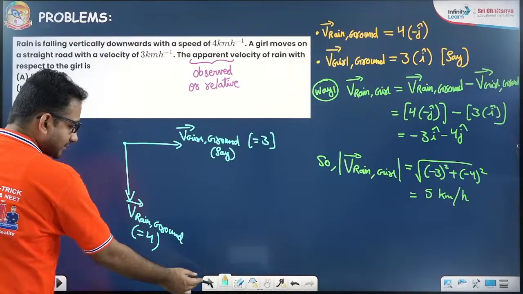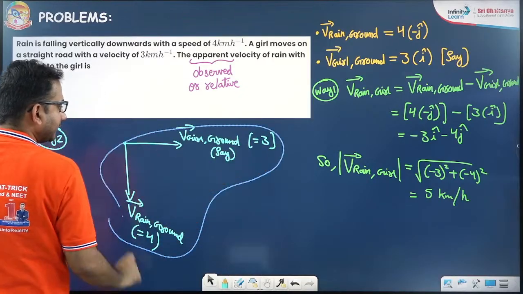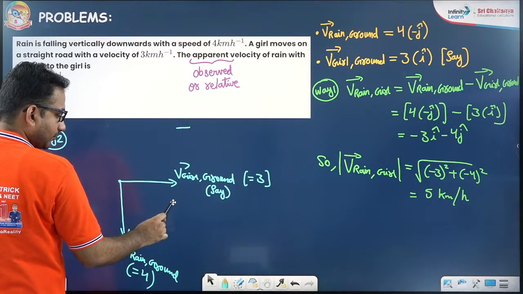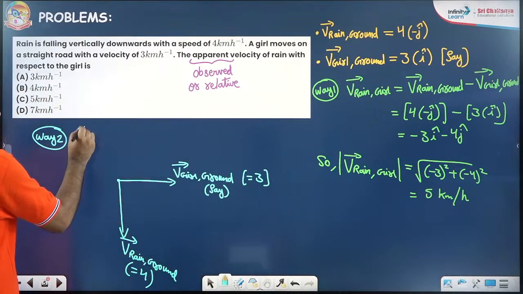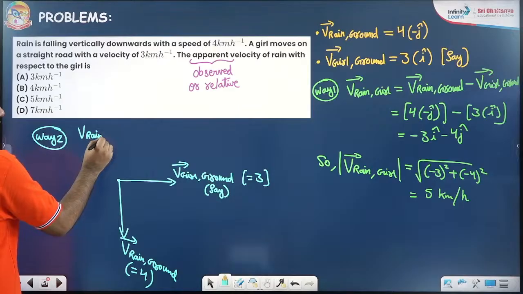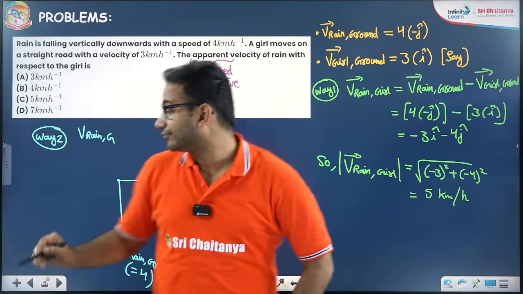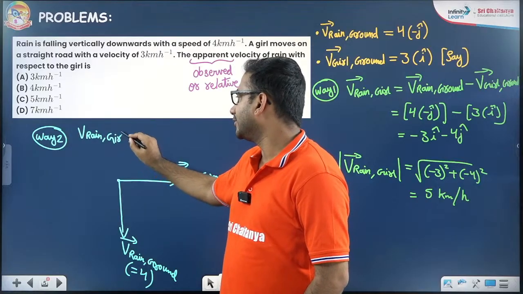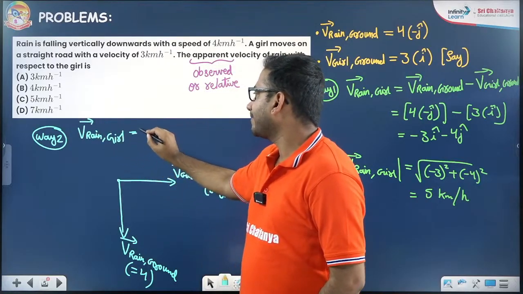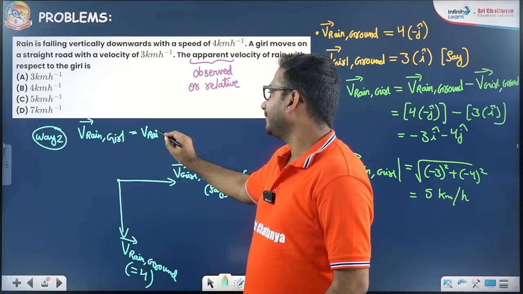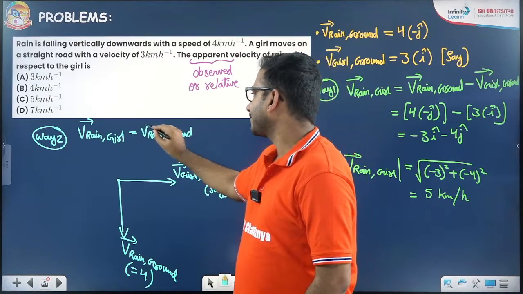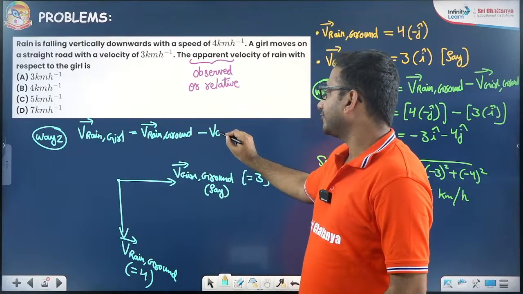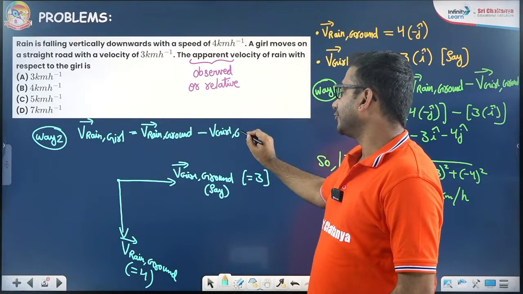What you need to understand is again the same: in order to talk about the apparent velocity or relative velocity, the formula is the apparent velocity of rain with respect to girl. So velocity of rain with respect to girl will be given by velocity of rain with respect to ground minus velocity of girl with respect to ground.